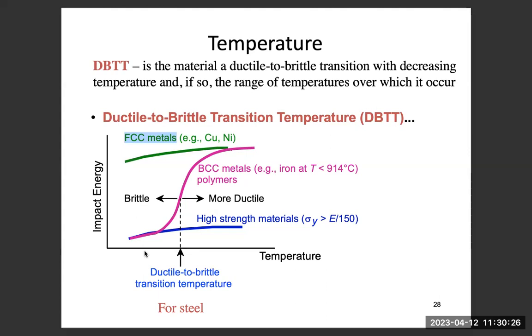But once the ship hit the iceberg, the temperature was below the ductile to brittle transition temperature. That is why all the bolts and other materials, which had a BCC crystal structure, behaved in a brittle manner. So they just failed without any significant plastic deformation.